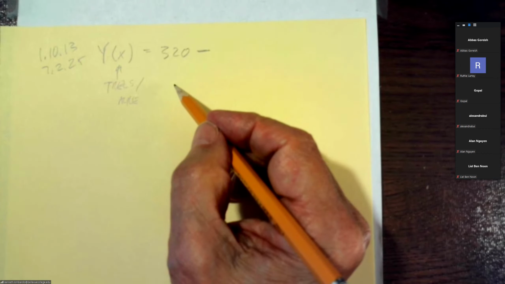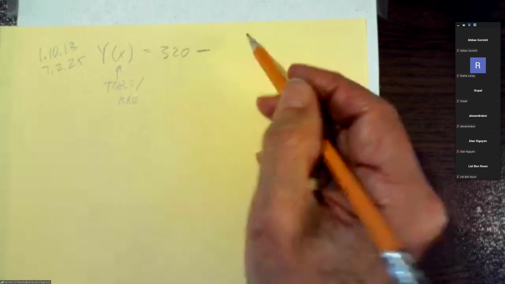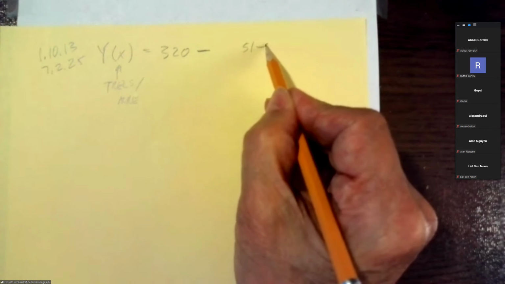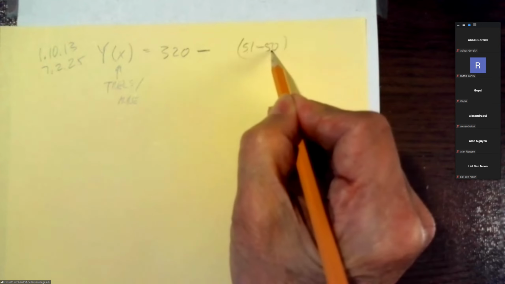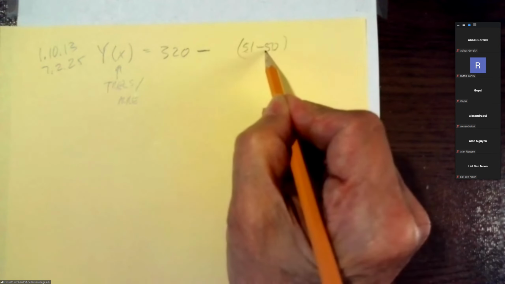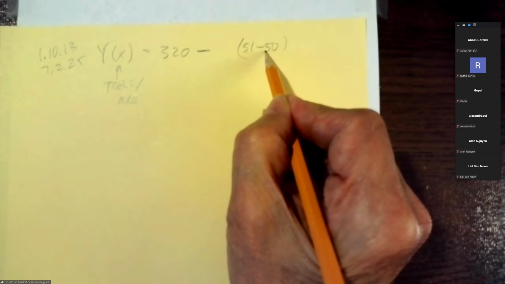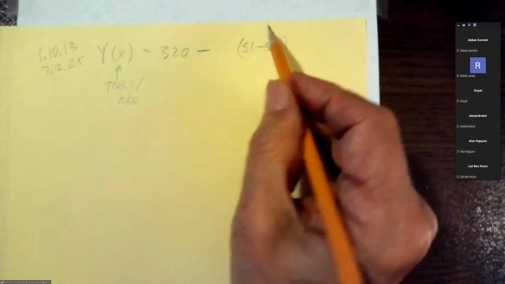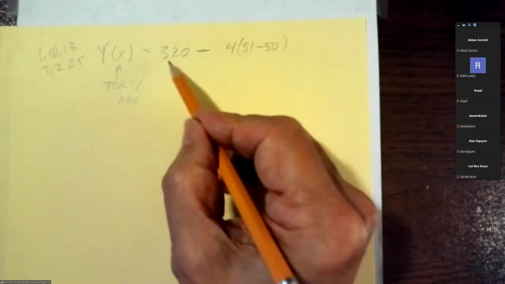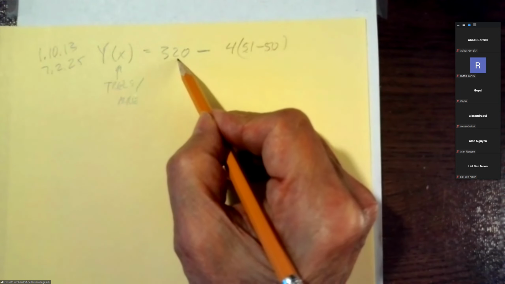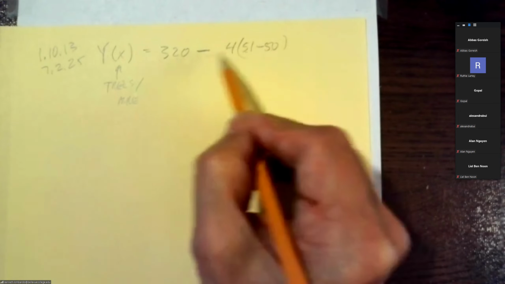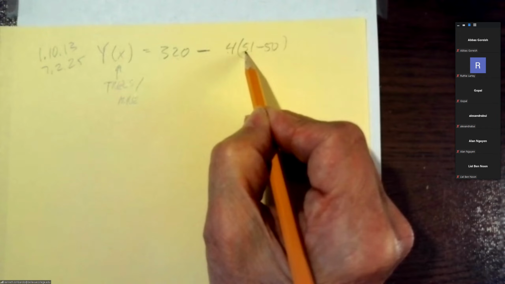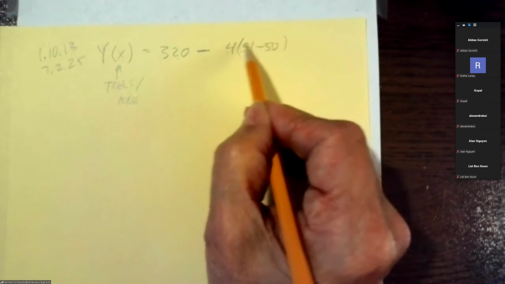So if we have 51 trees minus 50, now we're one tree over the 50. And we reduce it by how much? Well, we reduce it by 4 pounds. So 320 is what we get, but if we have 51, 51 minus 50 is 1, so reduce it by 4.